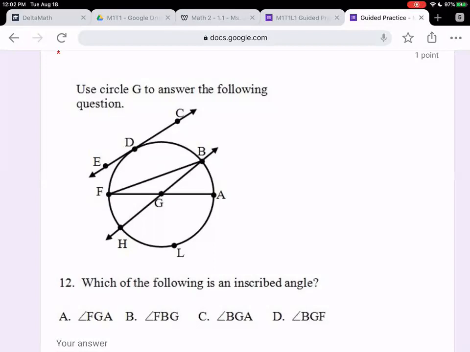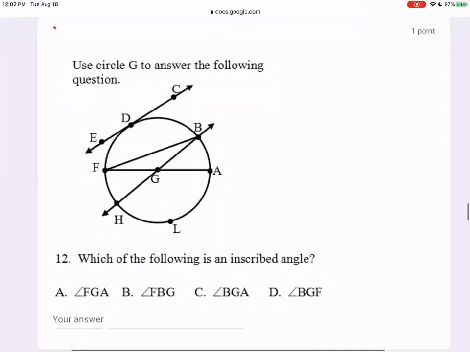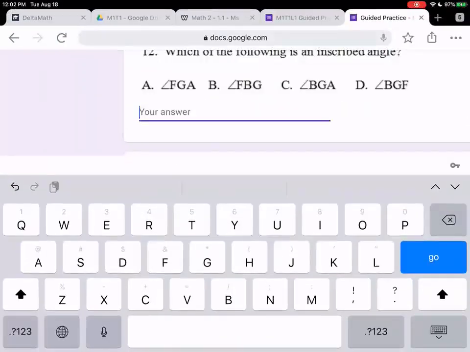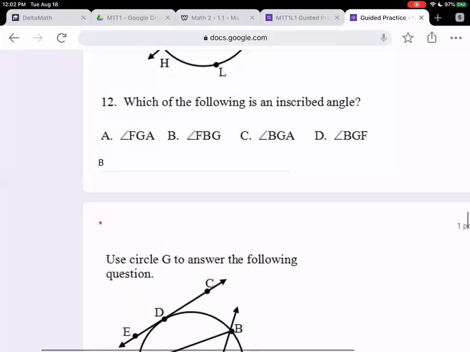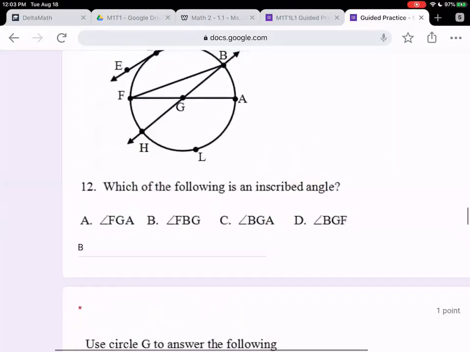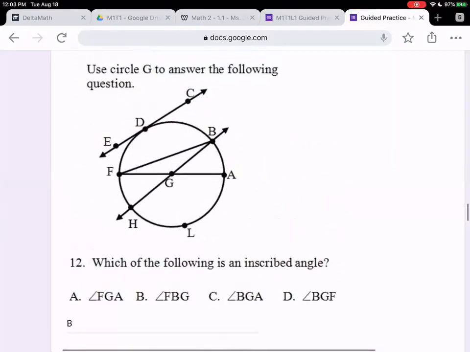B. Yes, B would work because F is on the outside, B is on the outside, and then G is just another letter. In fact, it's the only one of these four options where it's not a central angle. Choices A, C, and D are all central angles.